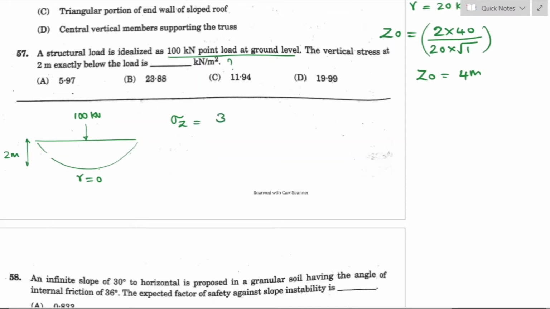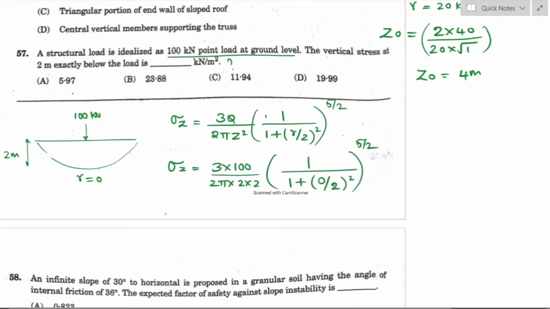Using the Boussinesq equation, the vertical stress is given by the formula 3q divided by 2 pi z square into 1 divided by 1 plus (r by z) square to the power of 5 by 2. Therefore, vertical stress at a 2 meter depth will be 11.936 kilonewton per meter square. So option C is the right answer.